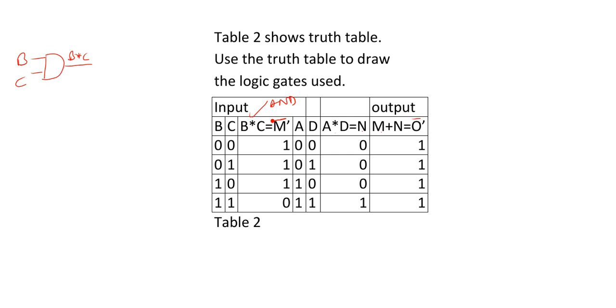Here we are told we are getting not M. So in this case, we can say B and C is M, and to get not M, we can pass this to a NOT gate. So the gates that have been used here are an AND gate, where B and C are passed inside it, then we pass the output of BC to a NOT gate to get the complement. That is that.